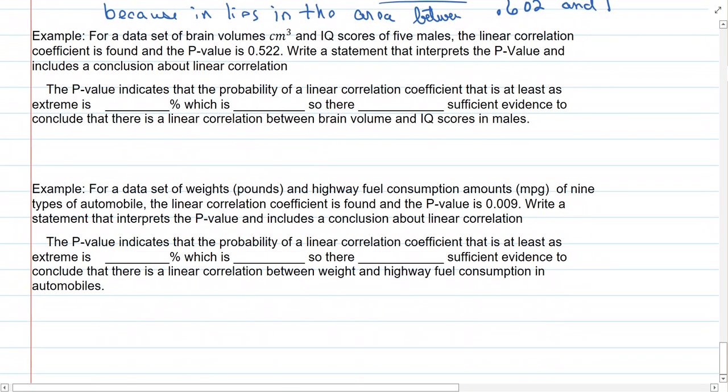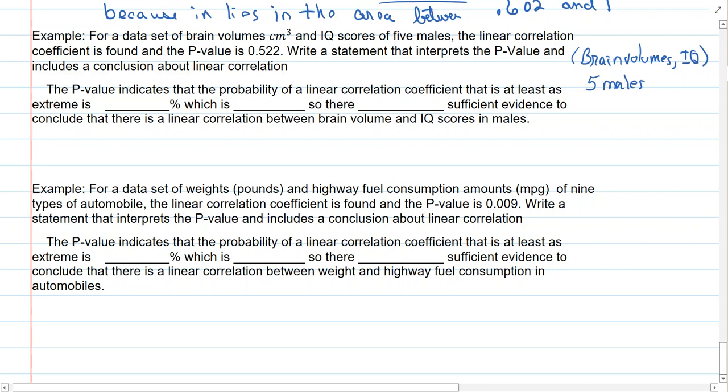So let's talk about some p-values now. I have two examples here. For the data set of brain volumes and IQs, five males were measured.